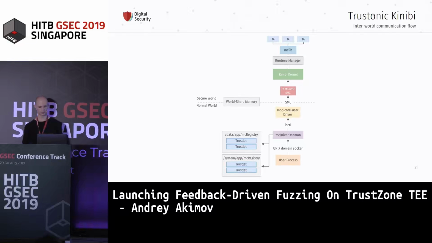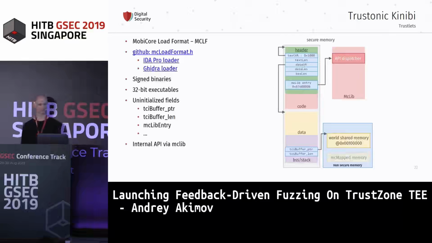As we know, trustlets communicate with client applications in Android user space and can be called from it directly. So we believe they are worth giving a more thorough look. Trustlet files have the MCLF format.